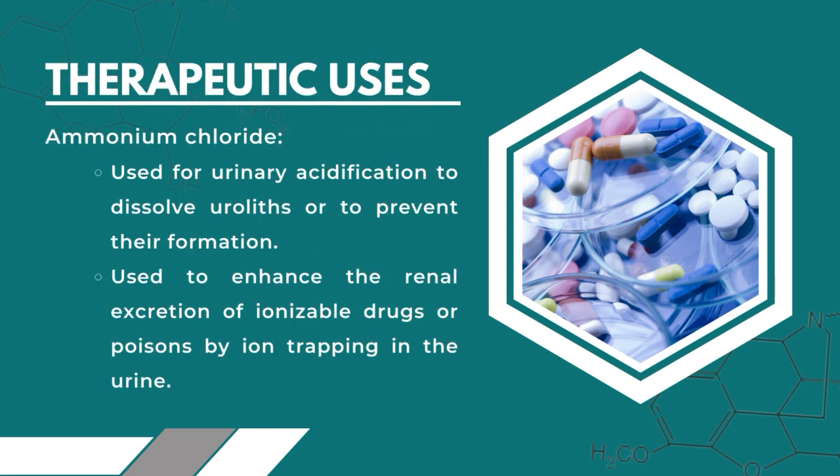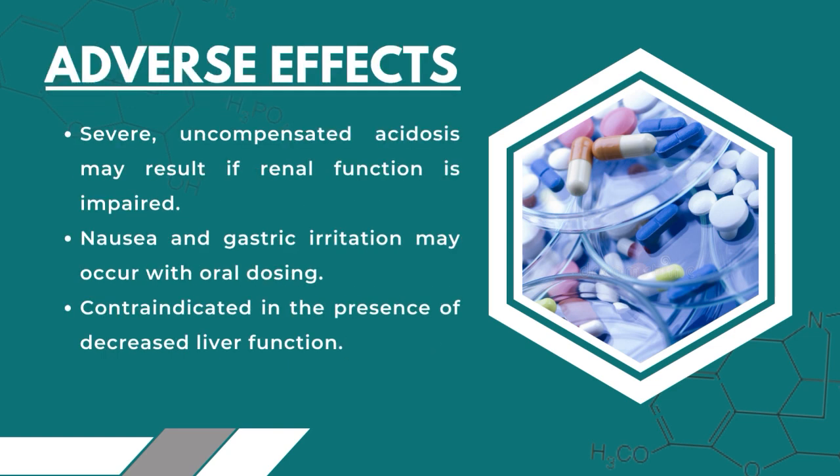Ammonium chloride is used for urinary acidification to dissolve uroliths or to prevent their formation. It is also used to enhance the renal excretion of ionizable drugs or poisons by ion trapping in the urine. The adverse effects of acidifying salts include severe uncompensated acidosis if renal function is impaired.